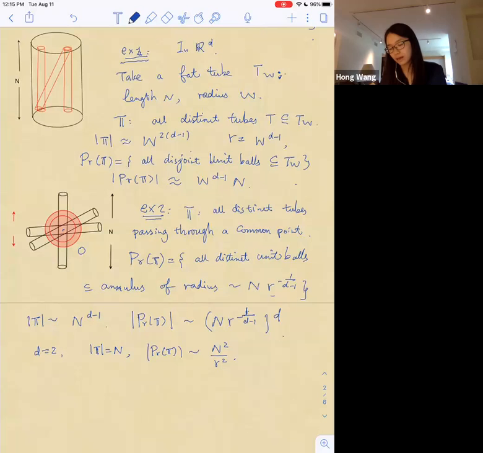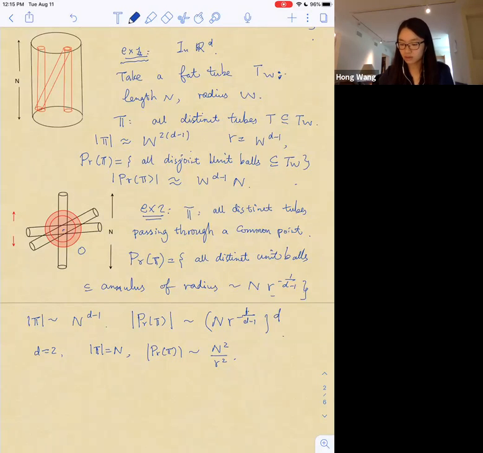And one may ask, if we rule out those examples, or if we impose some extra condition on the set of tubes, can we obtain better bounds? One might also ask, why are we interested in this question at all?